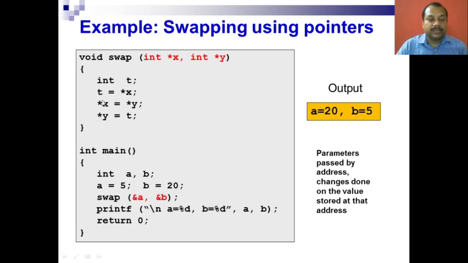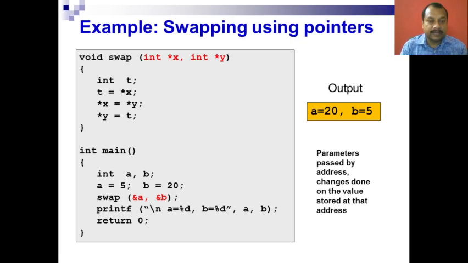Now after this you see that x and y are not changed, and that is not required. And when I come back, the swapped values will be there. Why? When I am assigning star y to star x, the effect is taking place at the memory location where a and b are.